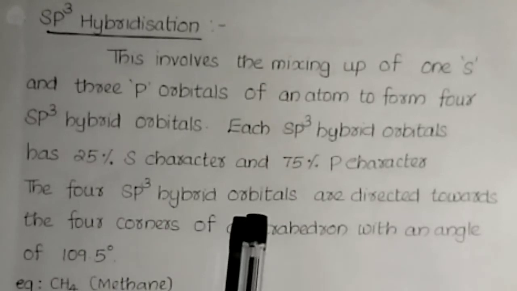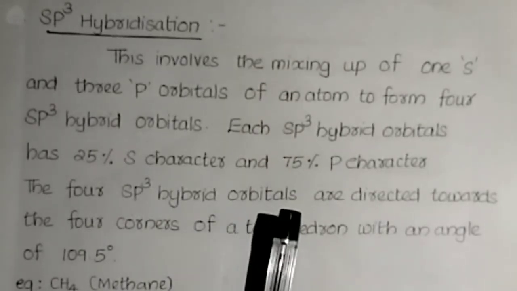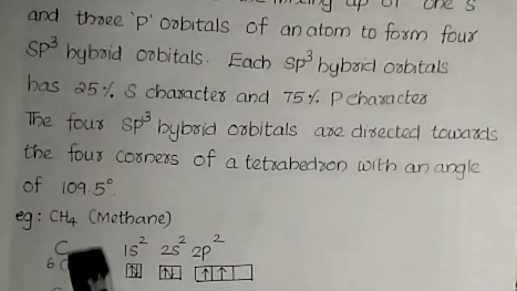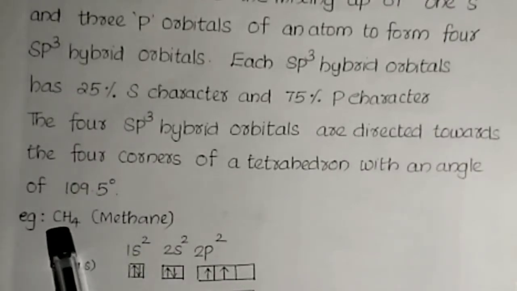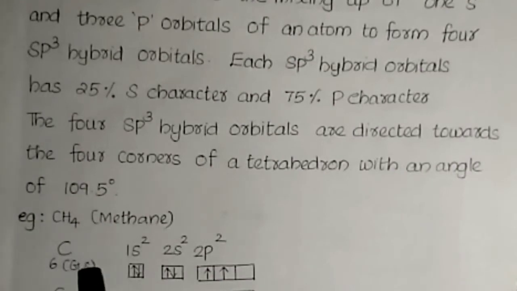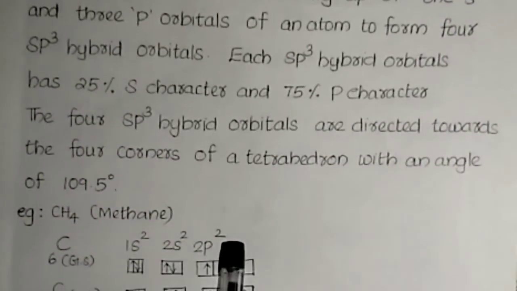So, sp hybrid orbitals have linear shape, sp2 has trigonal planar shape, sp3 has tetrahedral shape. Example, methane, CH4. First, you should write the central atom, carbon, atomic number 6. In the ground state, the electronic configuration is 1s2, 2s2, 2p2.